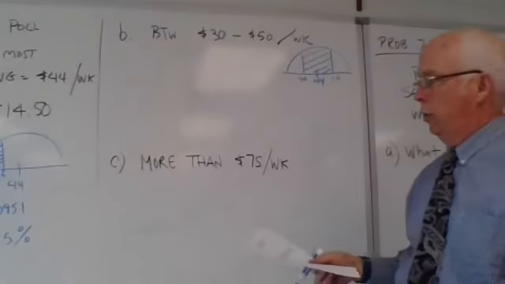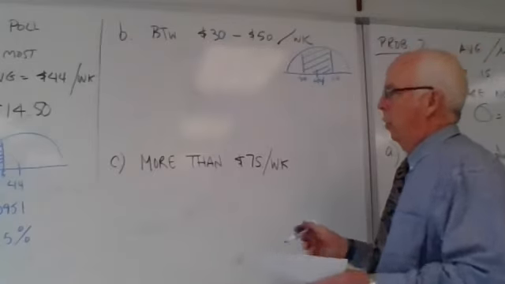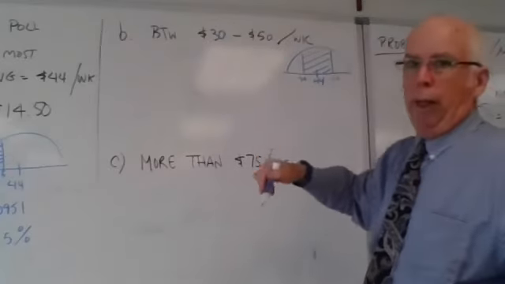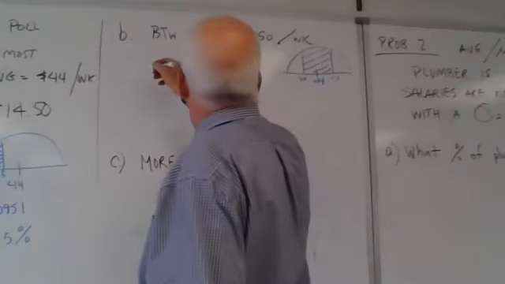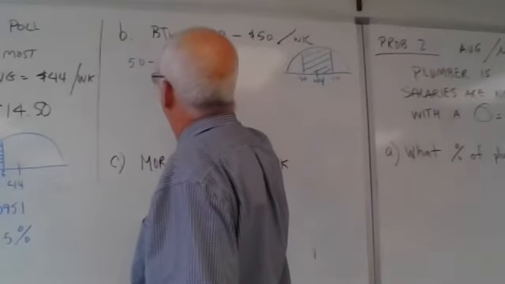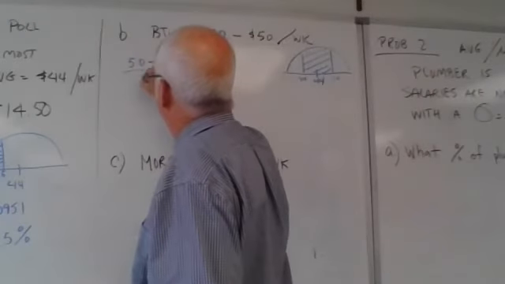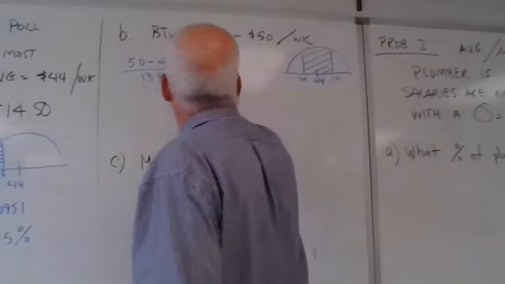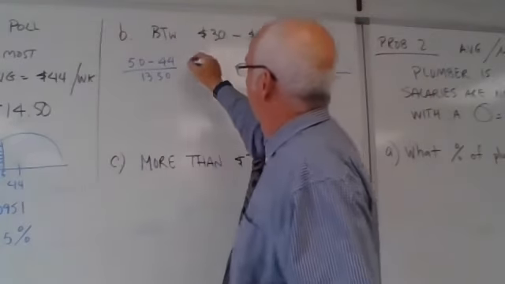So we got to calculate 2 z-scores. I'm going to put the larger on the top because it makes the math a little simpler. So the first one is we're going to go 50 minus 44 over 14.50. That's going to give you the z-score for the $50. We know it's going to be positive.